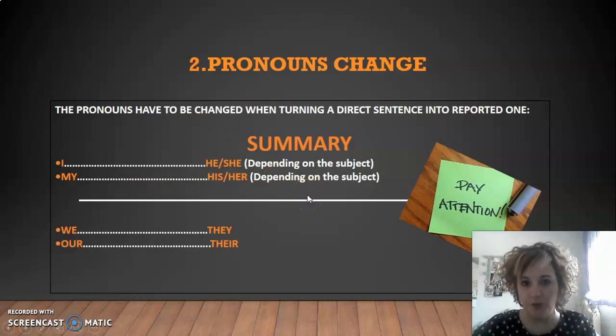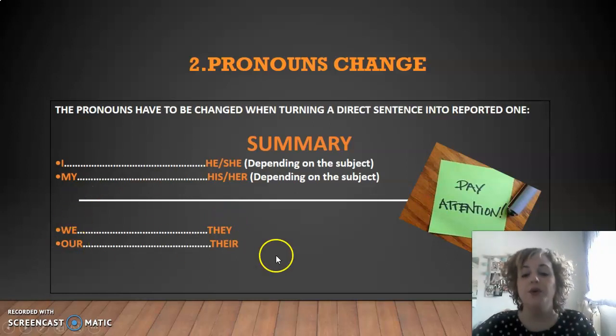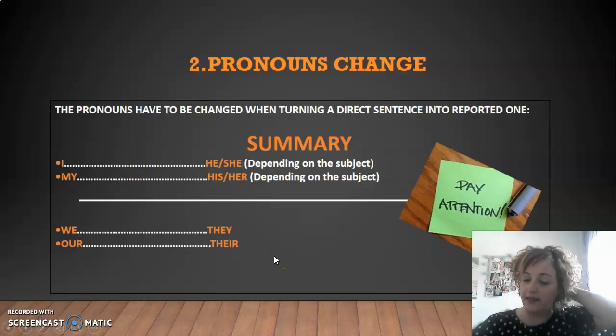Okay, as I told you before, if it's a boy or if it's a girl. And later with plurals, if we use we in the direct sentence, in the reported one we will use they, and with the possessive adjective our, we will use their in the indirect one.